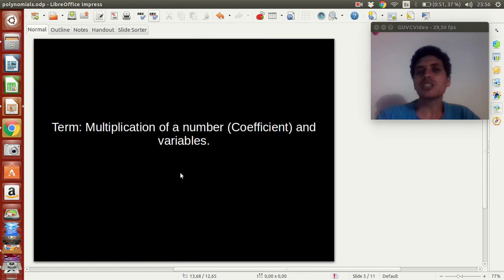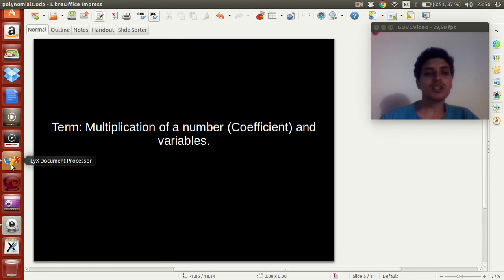The term is just the multiplication of a number that we're going to call the coefficient and variables. So what is important here? The number, the coefficient, and the variables. Let me show you examples.